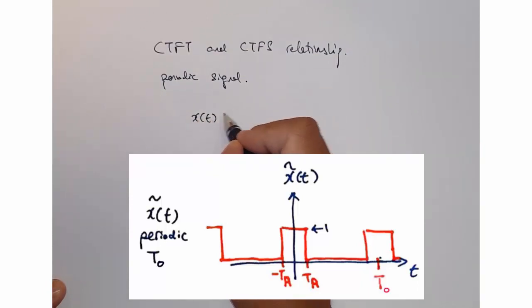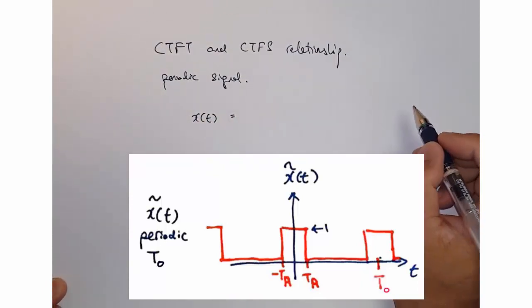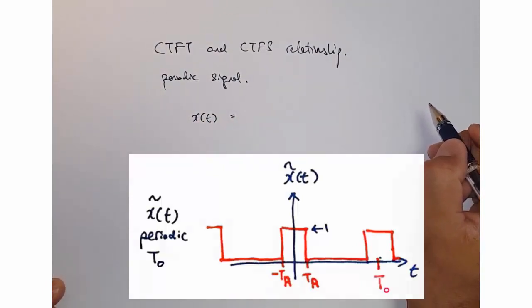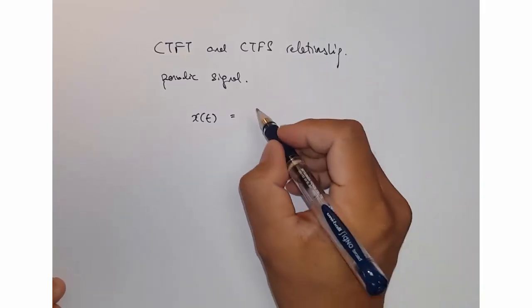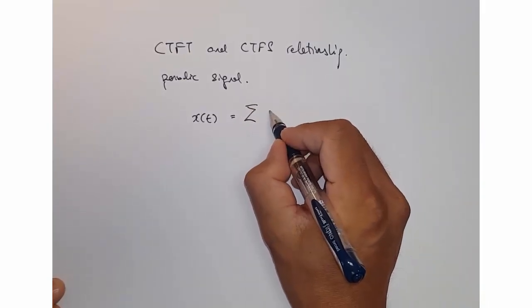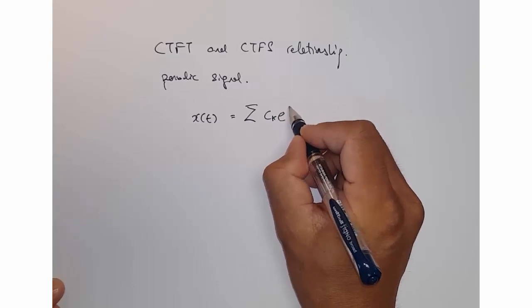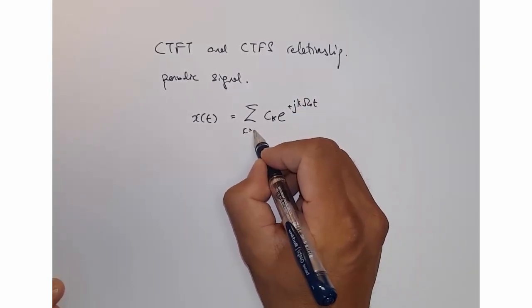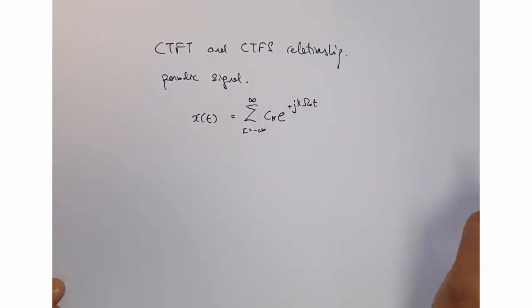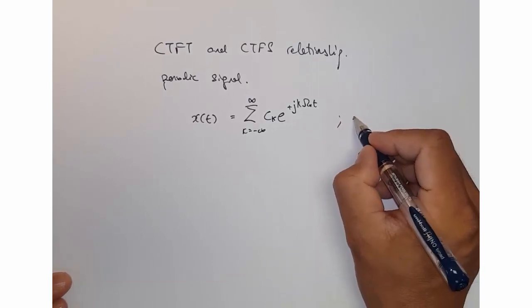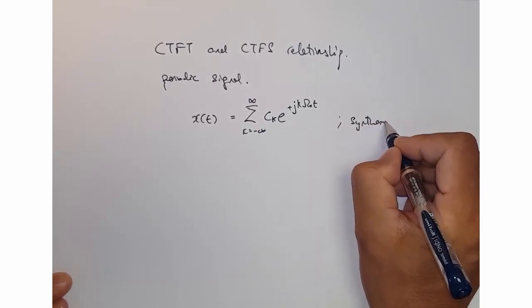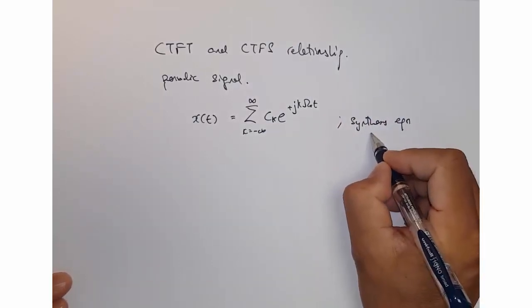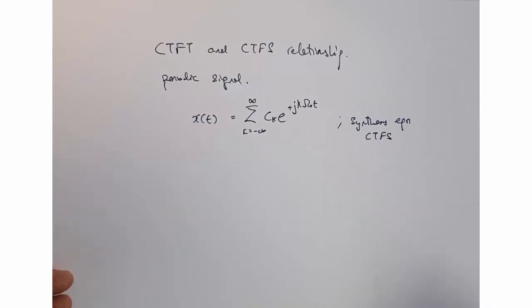We know that if the signal can be represented as a Fourier series, it looks like this, where k equals minus infinity to infinity, and Ck's are the Fourier series coefficients. This basically is the synthesis equation of the continuous time Fourier series.